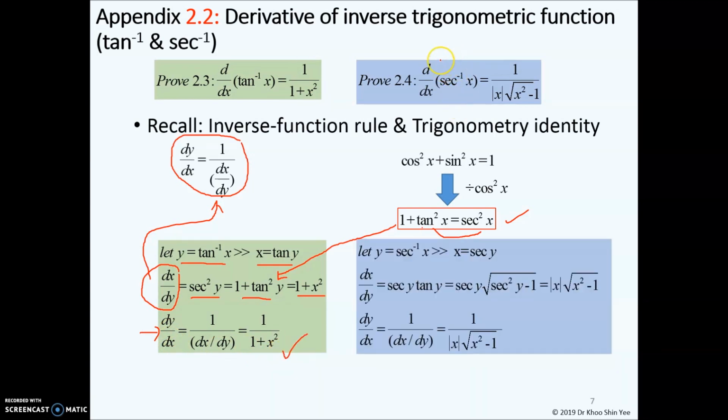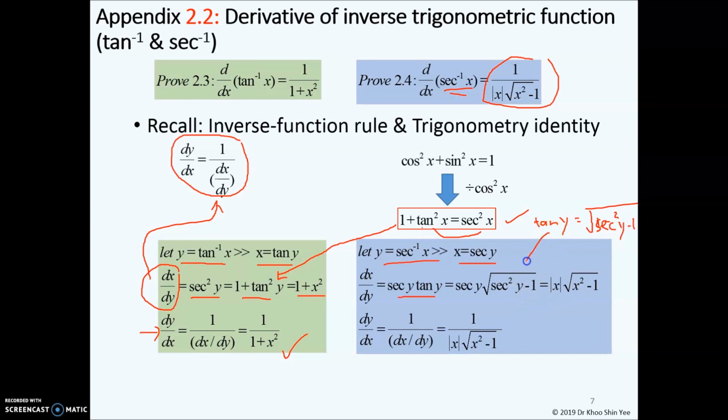So the same method can be used to differentiate the inverse function for secant. So to get this answer, firstly, let y equal to arcsecant x. Then we get x equal to secant y. So we take the dx over dy, we get the secant. And then by using the identity, your tangent y should be equal to square root of secant square y minus 1.